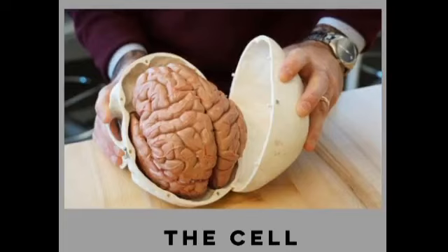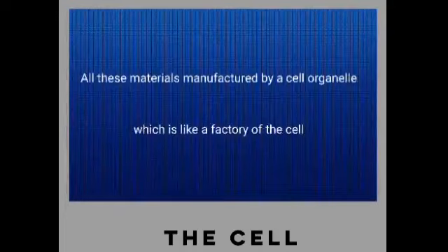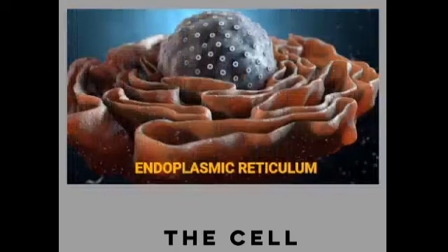In other words, it prepares a biological wish list. Then all these materials are manufactured by a cell organelle which is like a factory of the cell. Today, we are going to learn about such a cell organelle, that is endoplasmic reticulum.